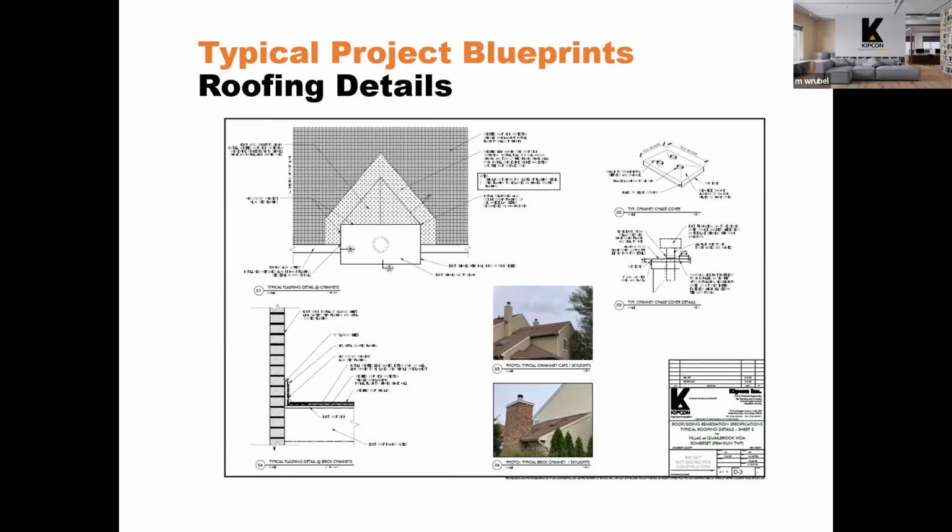Again, very specific information. And again, we've got some photos here showing the two different types of chimney cap configurations, where one is of a siding material that comes up through the roof, and the other one is an exterior chase that comes up along the side of the building. Pictures always help.